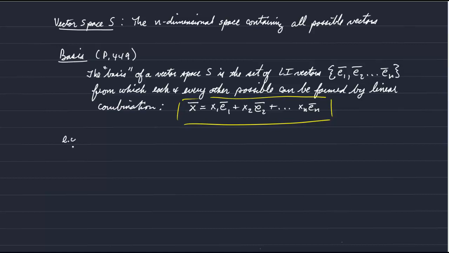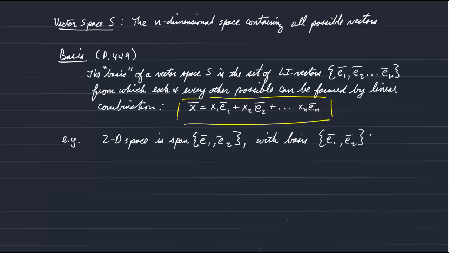So for example, 2D space is defined by the span of two base vectors, E1 and E2, with that set being the basis. For example, it is the plane of this computer screen.